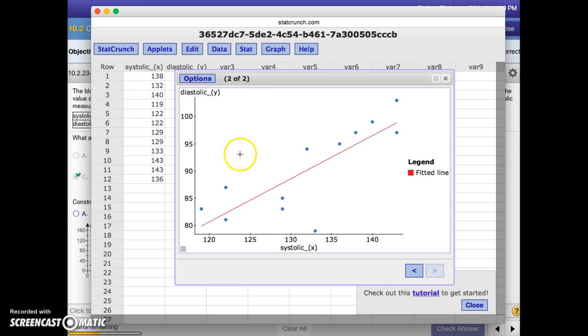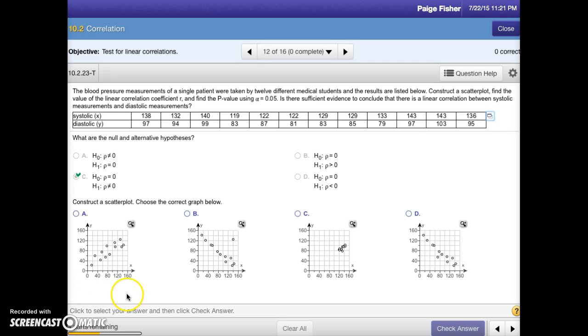And we want to compare this scatter plot to the answers. So let's look here. Our extreme value is out here. We have our extreme observation, but it looks like there's one observation that's about 80 for diastolic, and we have 122. So let's go back over.